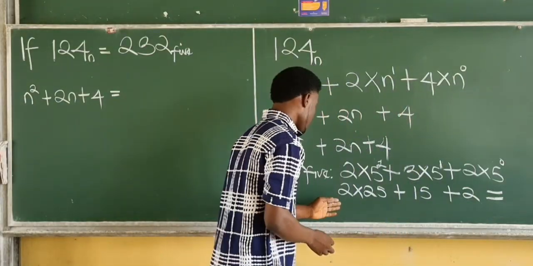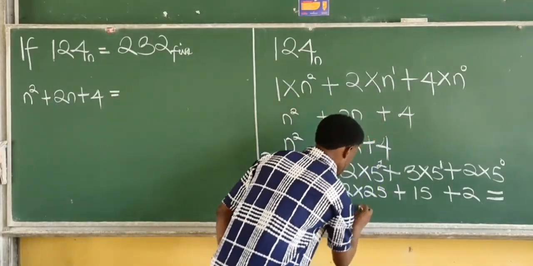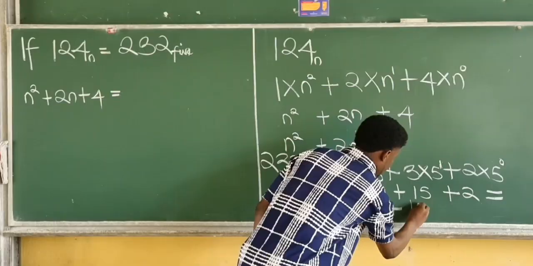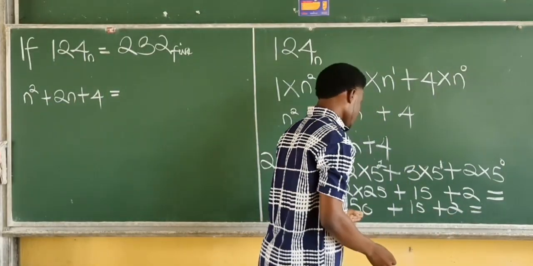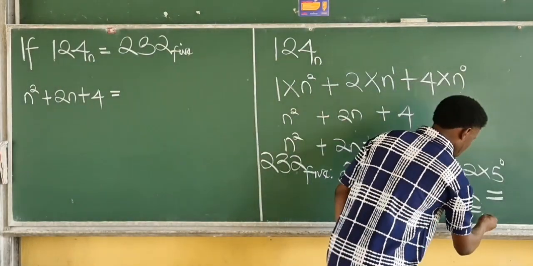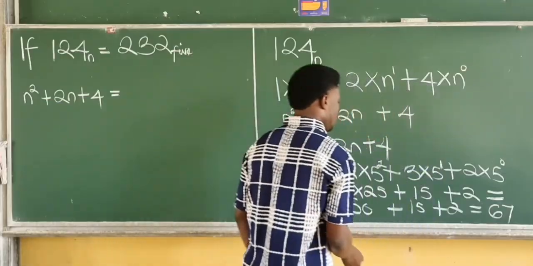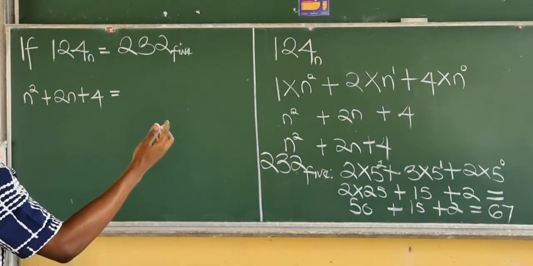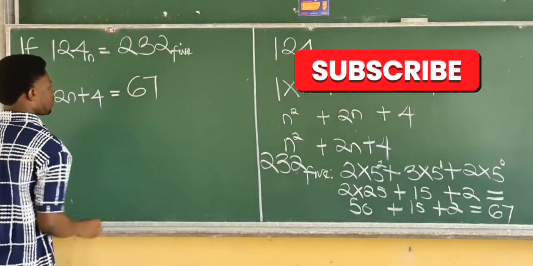So we have 25 times 2 is 50, plus 15 plus 2. 50 plus 15 is 65, and 65 plus 2 is 67. Therefore, at the right hand side, we obtain 67.